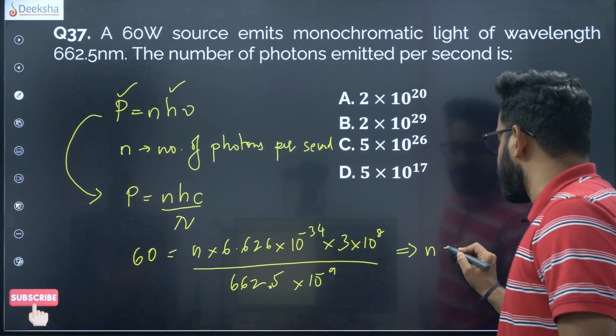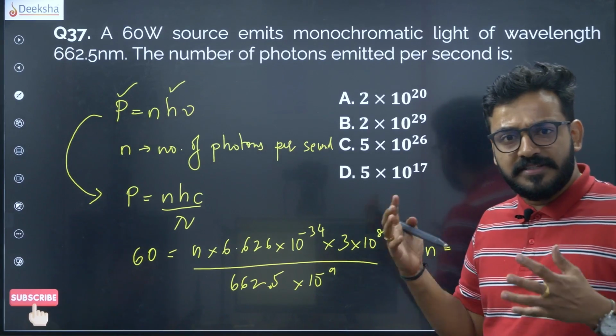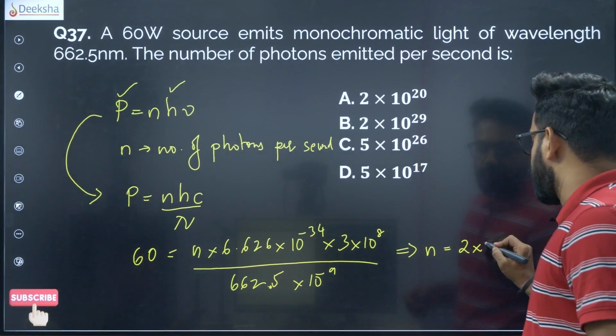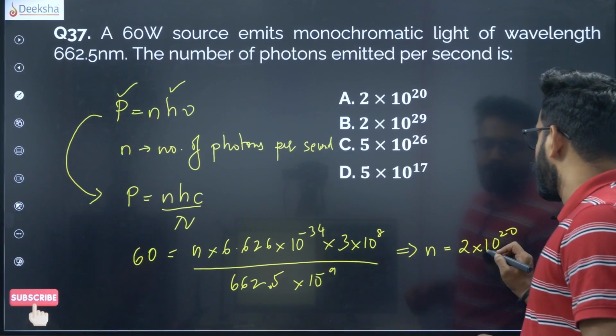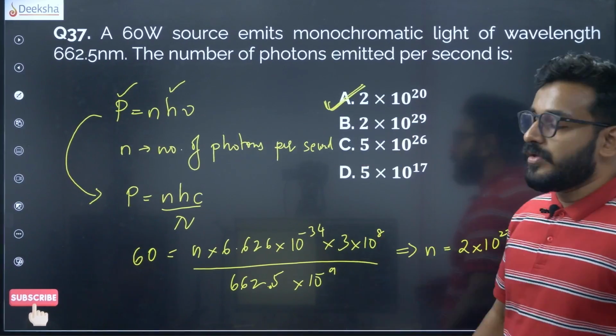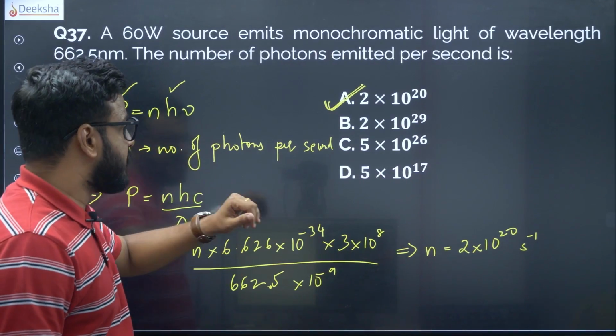You can perform the calculation yourself. Just cross multiply and cancel the similar terms, and ultimately you will get the answer as 2 into 10 to the power 20 photons per second. So the correct answer is option A.